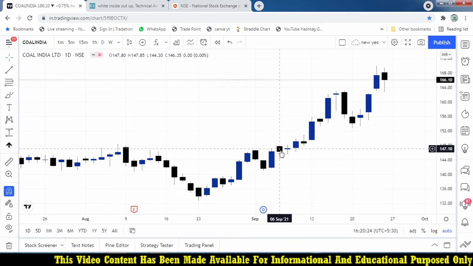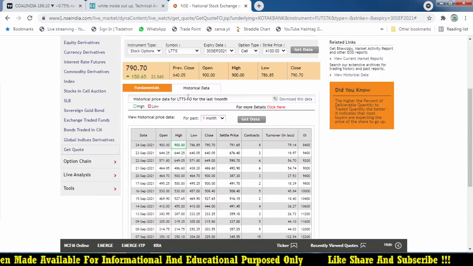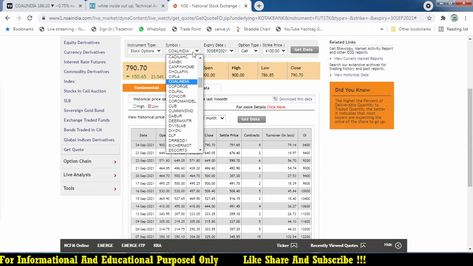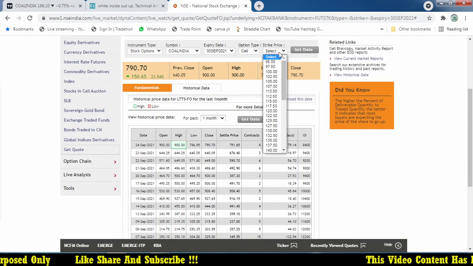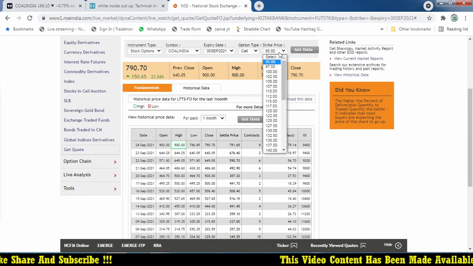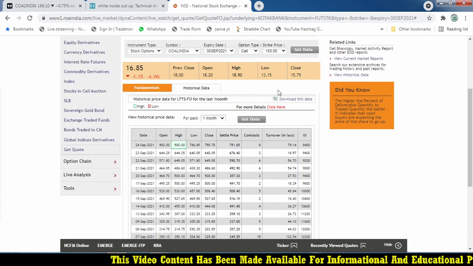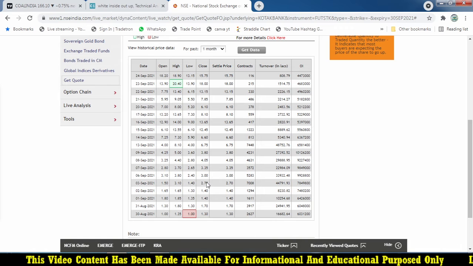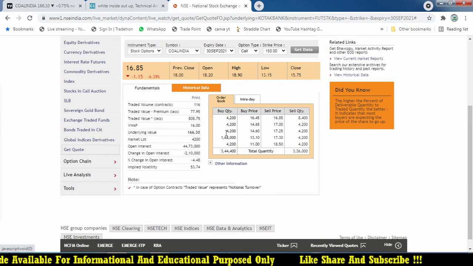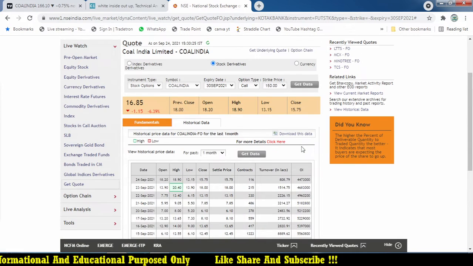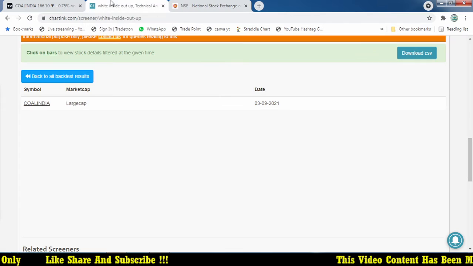So the next day, 6th September, I got an entry, and I'm going to take the 150 call option, Coal India. 6th September, it is 3 rupees, now it is 20 rupees. And the lot size is 4,000. Another jackpot trade, based on that option strategy.